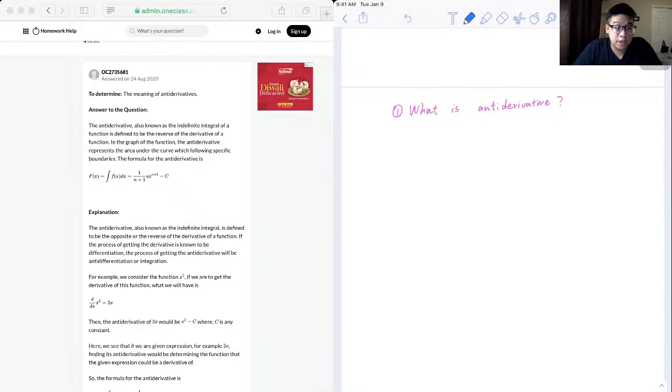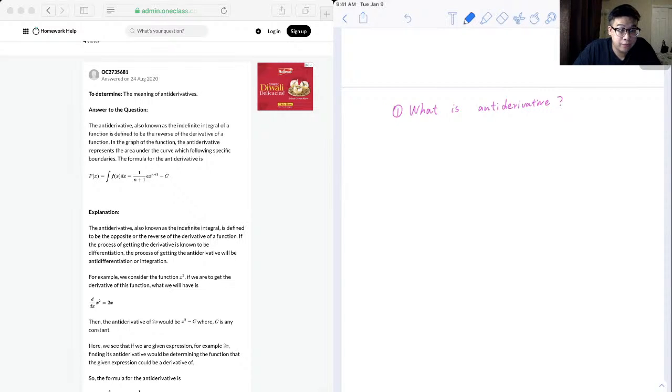So first, antiderivative has also another name, which is an indefinite integral, and it is usually defined to be the reverse of the derivative of a function. And in the graph of the function, the antiderivative represents the area under the curve following specific boundaries.